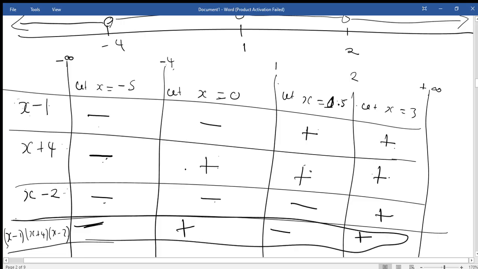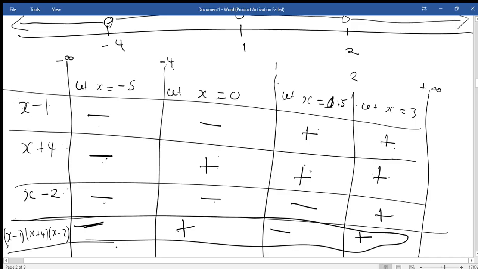So from that last row, ask yourself, remember the inequality? The inequality was less than 0.